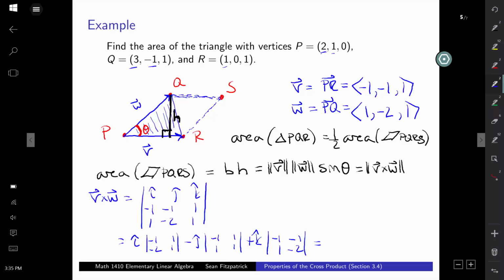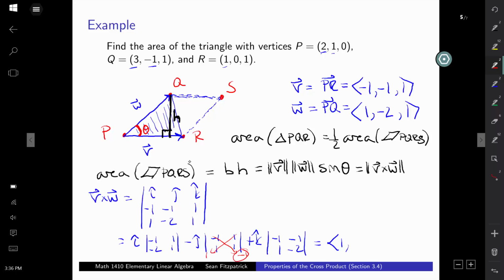And let's work these out. So minus 1 times 1, that's minus 1, and then I'm subtracting minus 2. So minus 1 subtract minus 2 is minus 1 plus 2, which comes out to a 1. Here I'm doing minus 1 minus 1. Minus 1 times 1 gives me a minus 1, remember how we do this, we go this way. That comes out to be a 1.